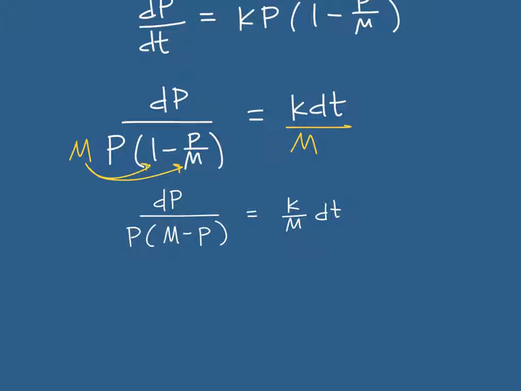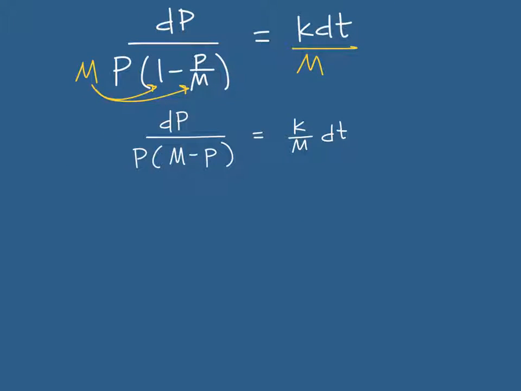Okay, now I can integrate both sides. K and M is just a constant, so I can pull k over M outside of my integral, and I'm left with just dt. But let's think about the left-hand side.